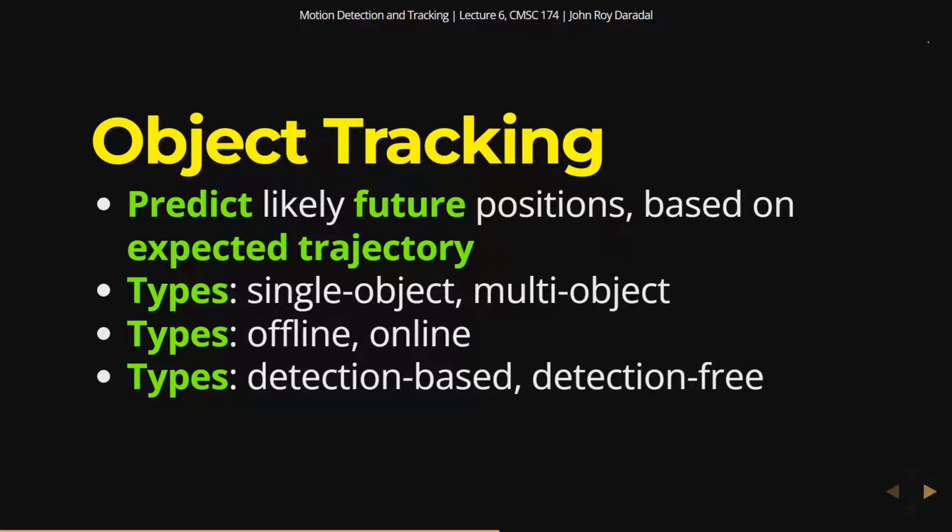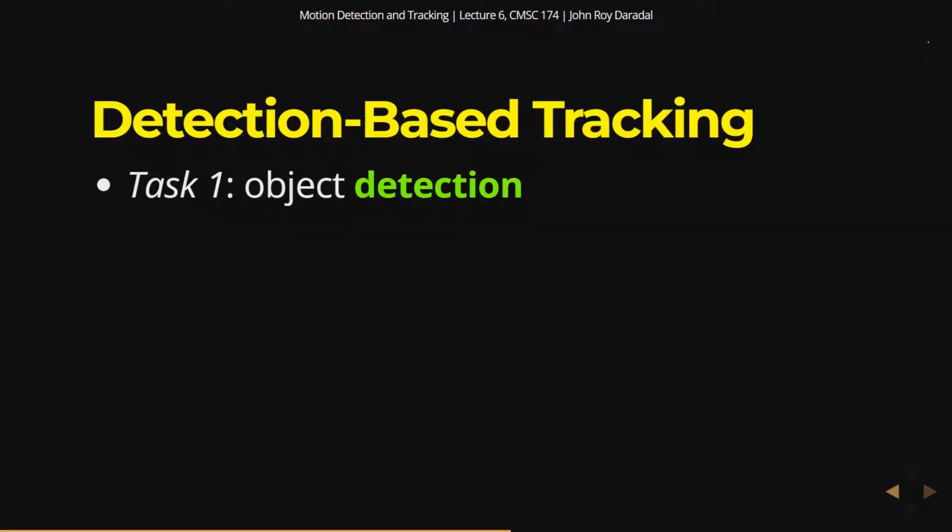There is detection based tracking and detection free tracking. If you're detection based, obviously you're using a detector, and if you are detection free, you're not using a detector at all. Most of the tracking algorithms that we'll discuss are detection free, but for detection based, you usually divide that into two tasks.